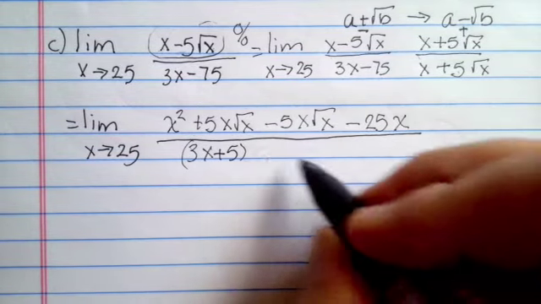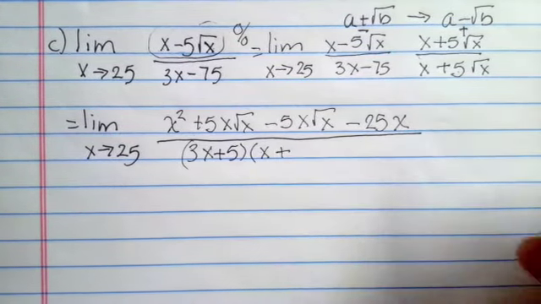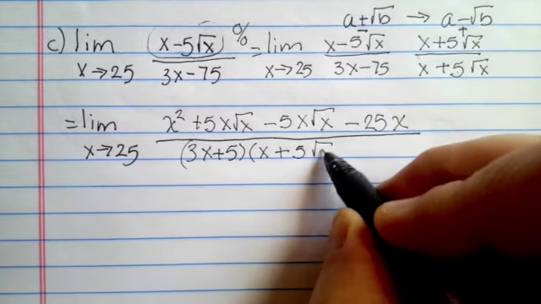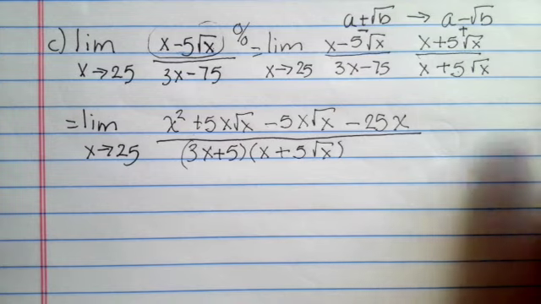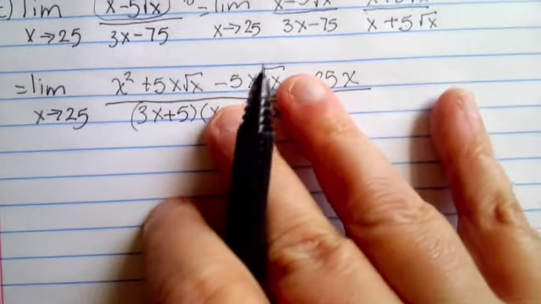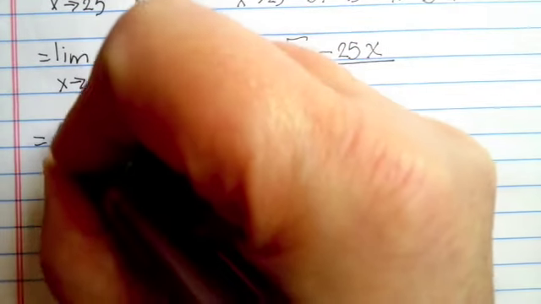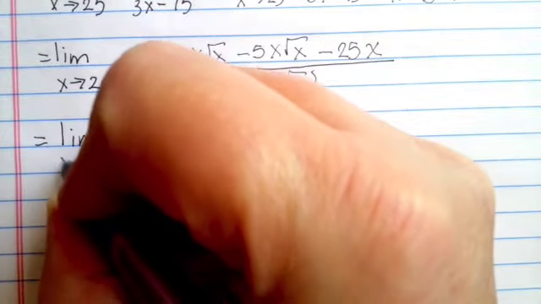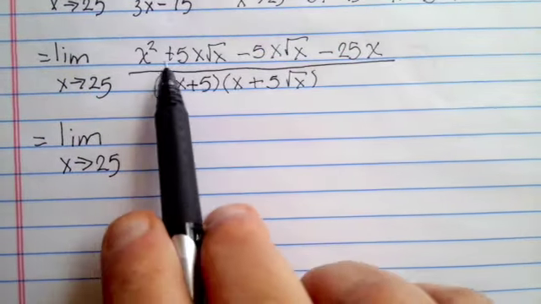The reason I'm going to do that is we're going to try to get something to cancel, and before we can do that, everything needs to be factored. And the denominator was not causing us any trouble, so I think I'm going to leave it as it was, or as it is. All right, so now let's combine the like terms.